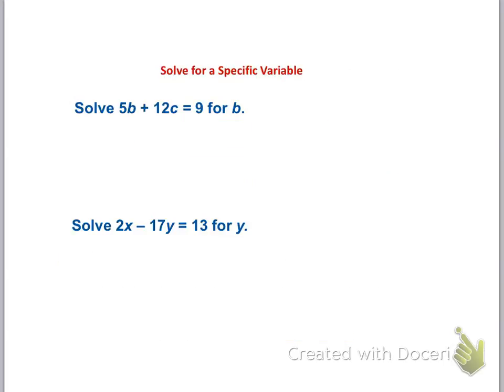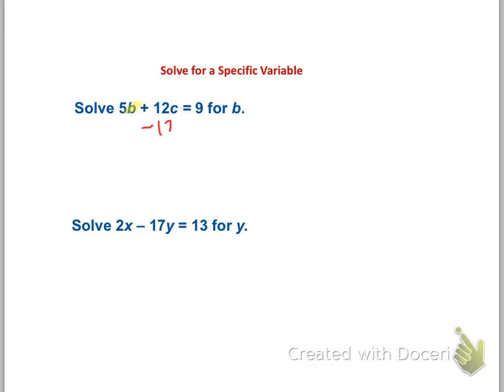So if I'm trying to get B alone here, I need to remove everything that's being done to B. I've got two things happening. I have 12C being added, and I have 5 being multiplied. I'm going to go backwards through PEMDAS. So the first thing that I'm going to deal with is the addition or subtraction.